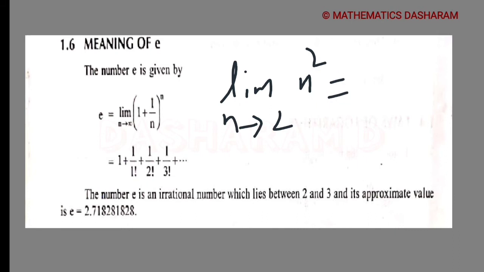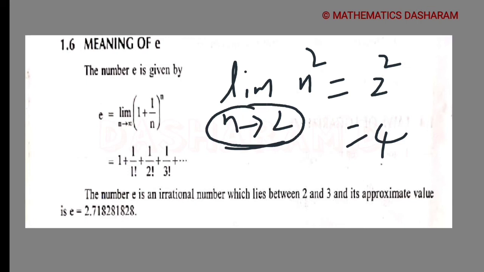Just substitute n equals 2 in this, so 2 square equals 4. What is the meaning of limit? When n reaches near 2, then n square reaches 4.